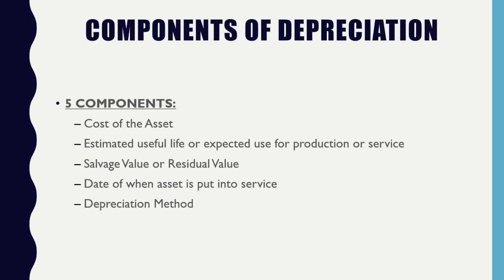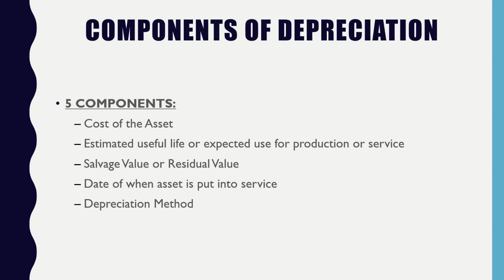Right? So let's go ahead and talk about the 5 components that actually are associated with depreciation. Okay? So these are the 5 things that you absolutely need. All right? First thing is going to be the cost of the asset. Second is going to be determining the estimated useful life or expected use of production, okay?